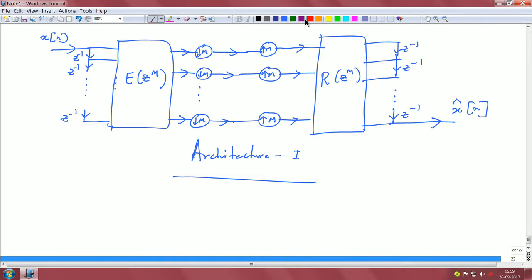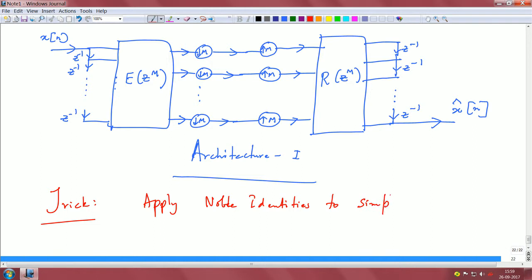So, the trick would be to apply Noble identities to simplify architecture 1 further towards analysis on perfect reconstruction properties.